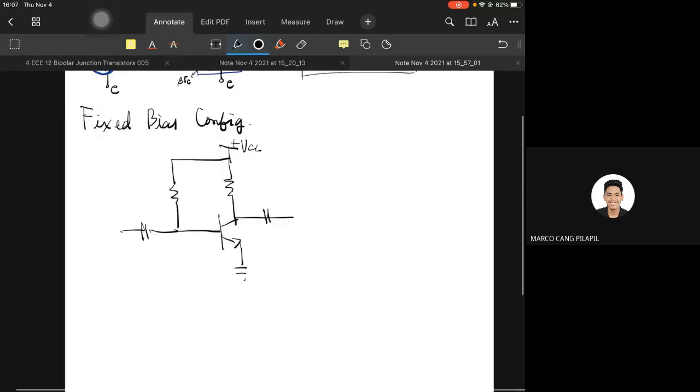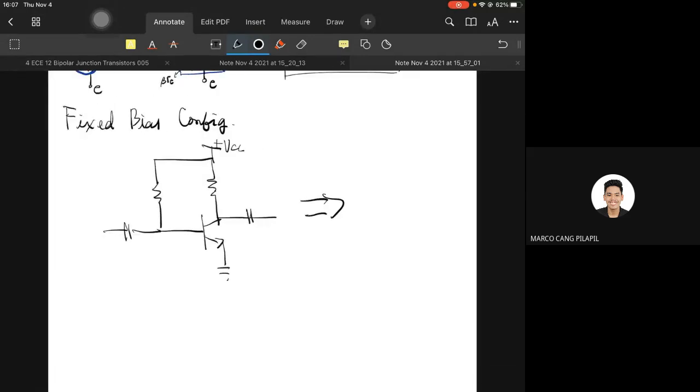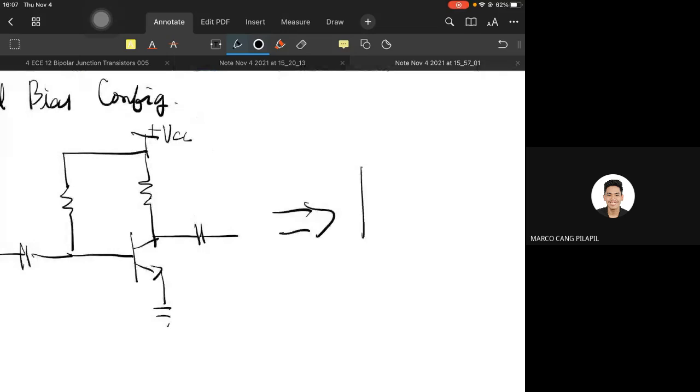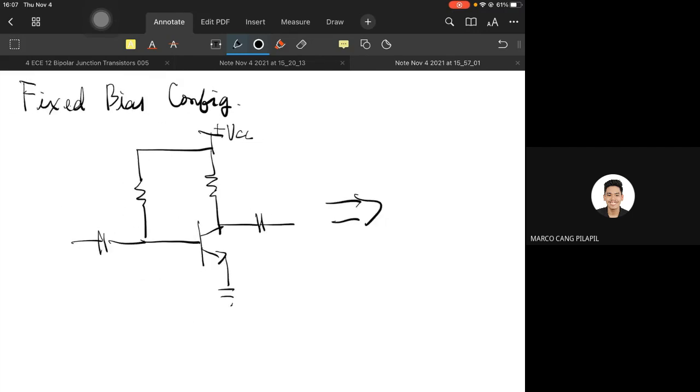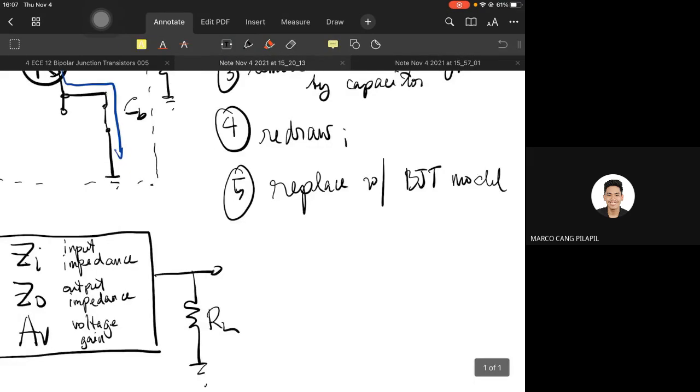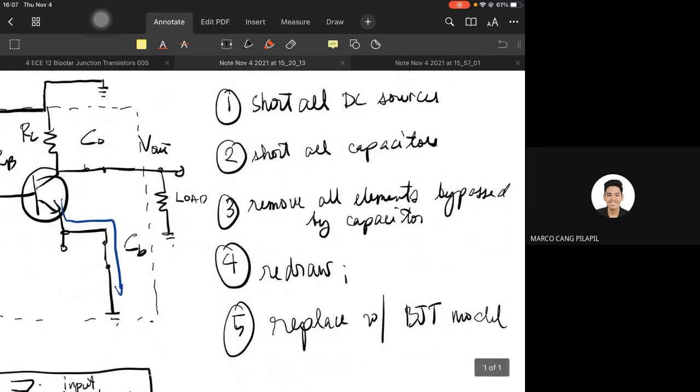Let's convert this one; the endpoint is our black box, since the transistor model is different. As the first step, short all DC sources.